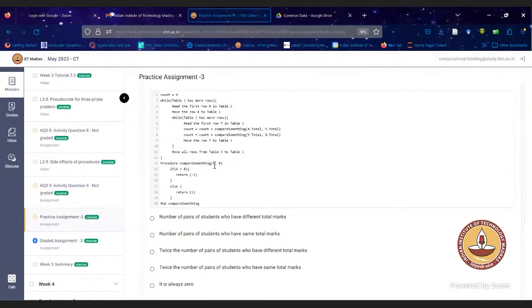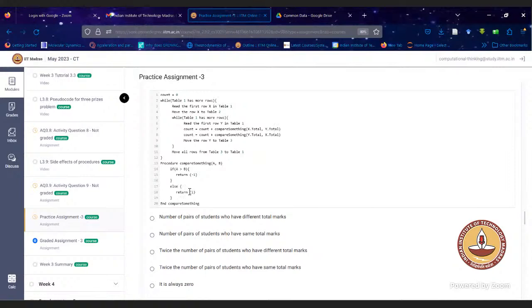So if X dot total is greater than Y dot total, or Y dot total is greater than X dot total, the count will remain 0. But only in the case where X dot total and Y dot total are both equal, only then it will return 1.